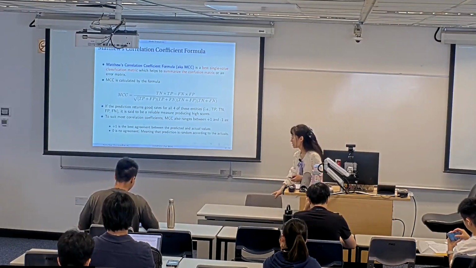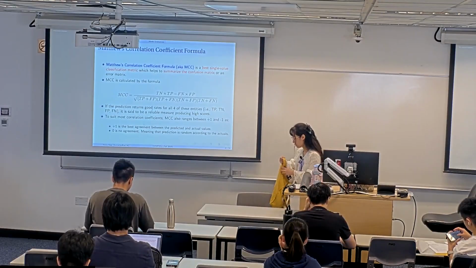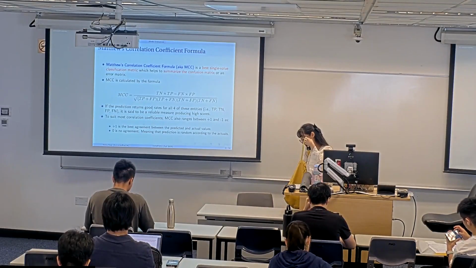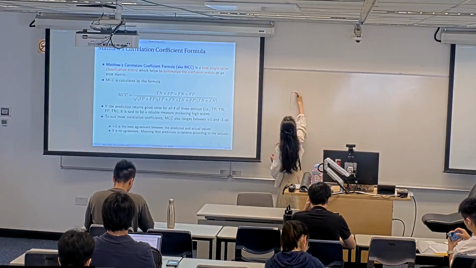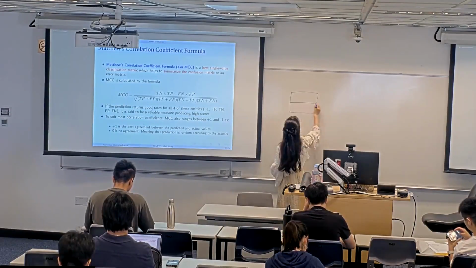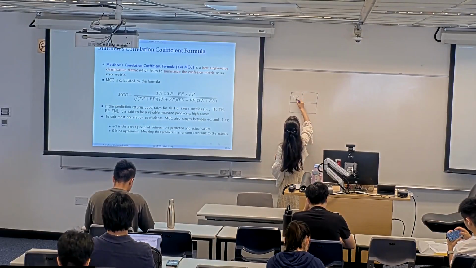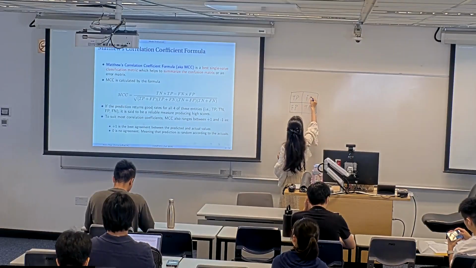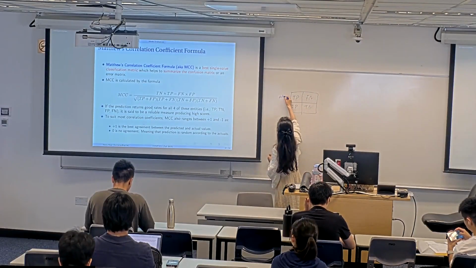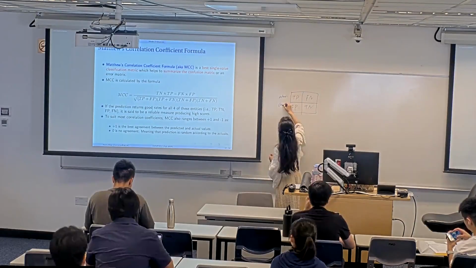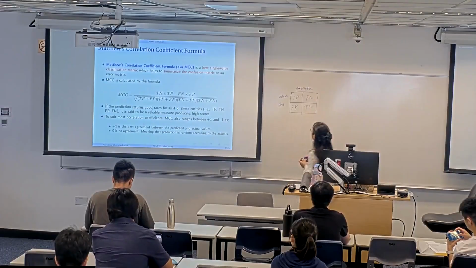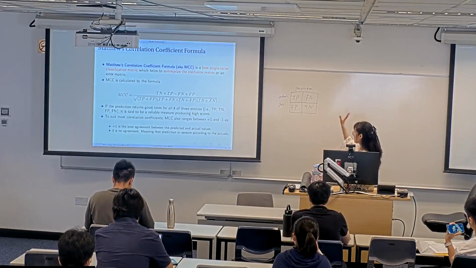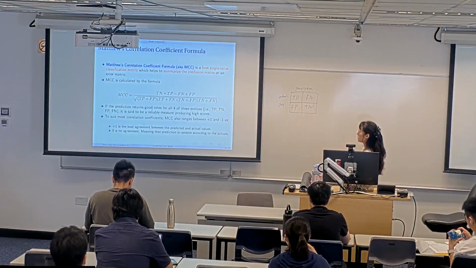So, for example, let me draw a confusion matrix. This is the actual class. This is the prediction. Suppose this is our confusion matrix, then what is this MCC?